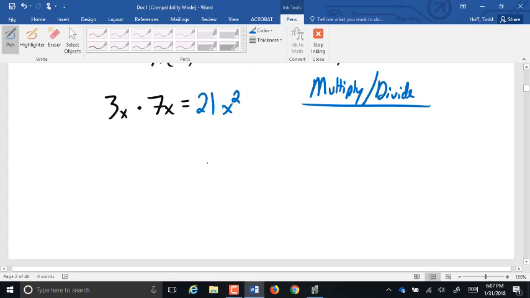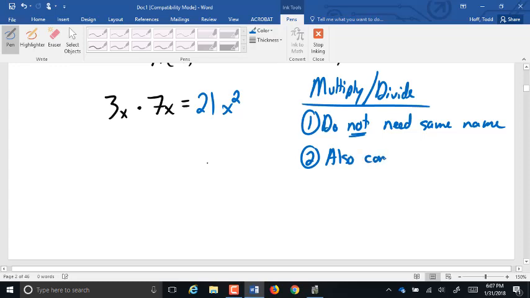X times x gives us x squared. Remember, when we multiply or divide, we do not need the same name. We're going to combine the counts as always, but we're going to also combine names. So that's why x and x become x squared instead of staying x.